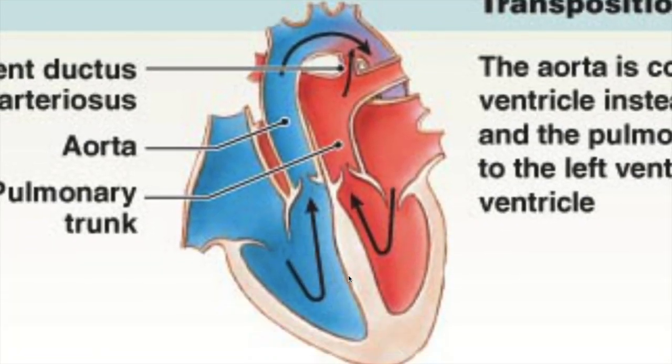Next one is transposition of the great vessels. This is when the pulmonary artery is attached to the left ventricle and the aorta is attached to the right ventricle instead of the opposite. So these heart defects will cause serious problems in children, but nowadays we are much better equipped to detect these and repair them surgically. It's quite amazing what our surgeons can do.